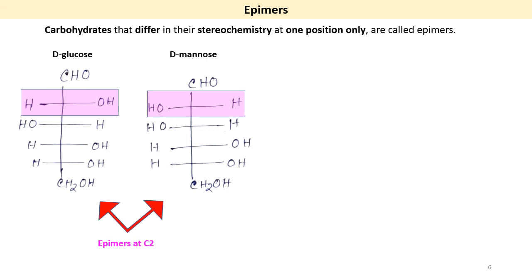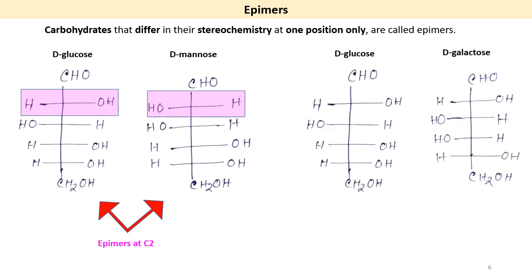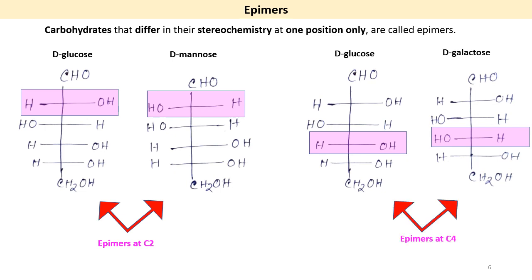So they are called epimers at C2 or C2 epimers. So D-glucose and D-mannose are C2 epimers. Another example is D-glucose and D-galactose. Everything is the same including the structural formula, but the difference is only at one stereocenter, which is C4 in this case, right? The rest of them are the same. So they are C4 epimers.